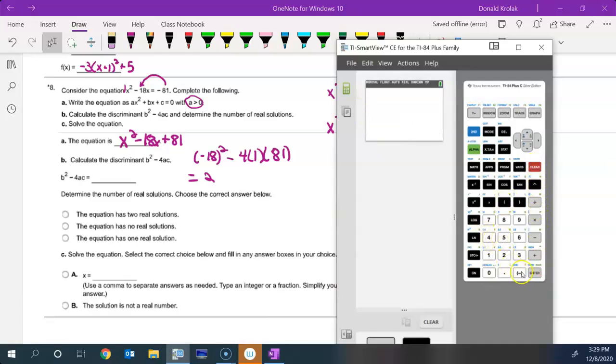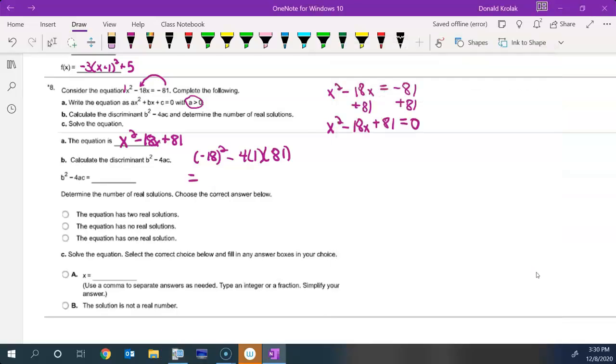Parenthesis, negative 18 squared minus 4 times 81. And I get 0 for my discriminant.